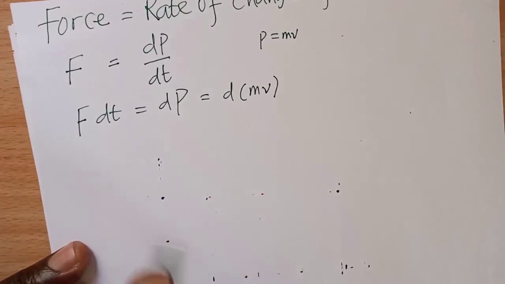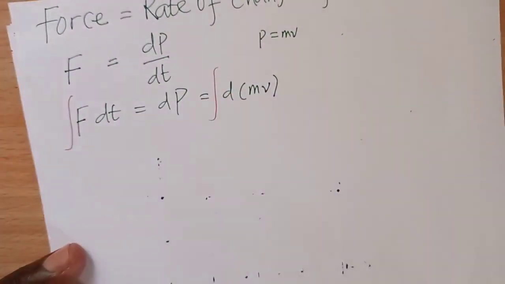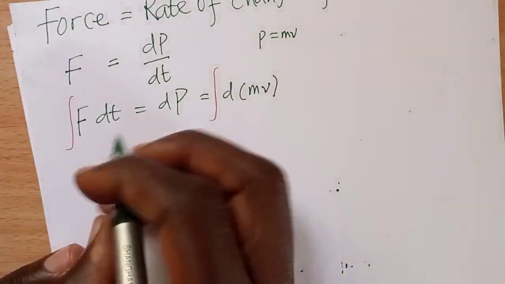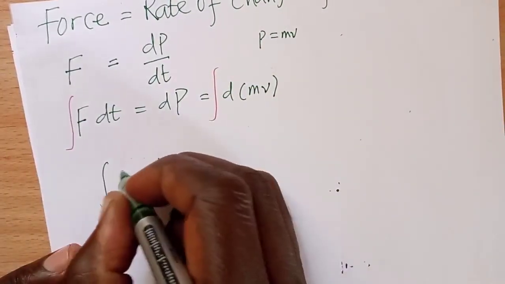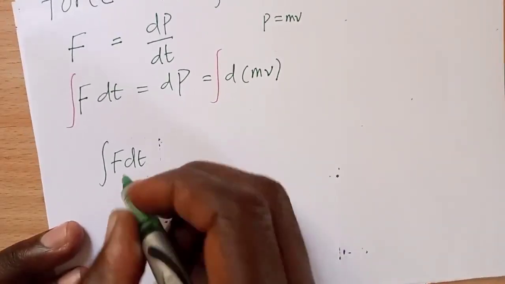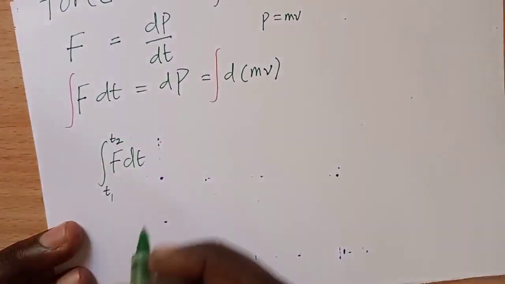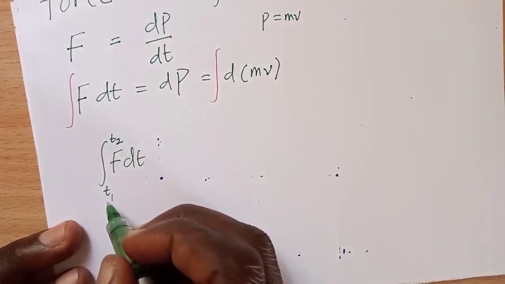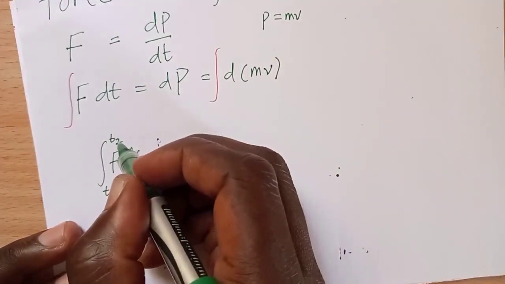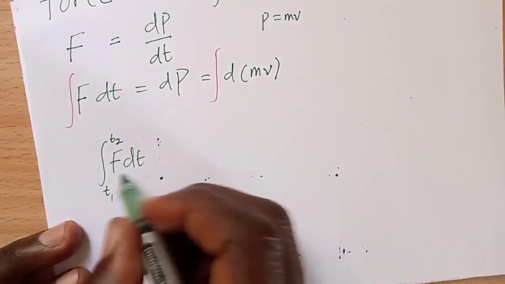Then if we take the integral of both sides, this one becomes the integral of F dt, and this t is from t1 to t2. t1 is when you started the observation, t2 is when the observation ends. So between this interval, what will be the impulse?